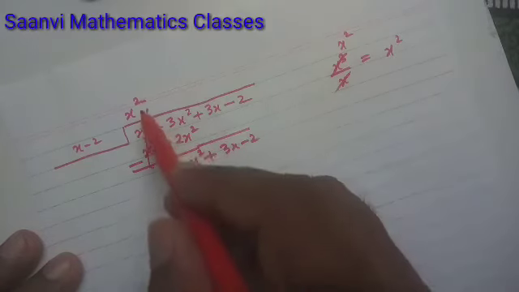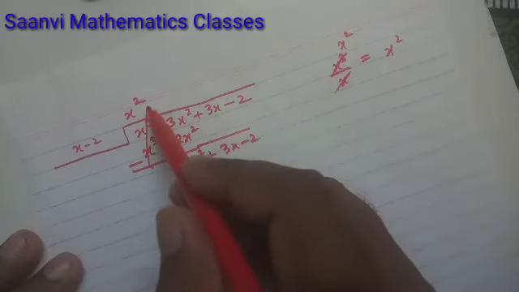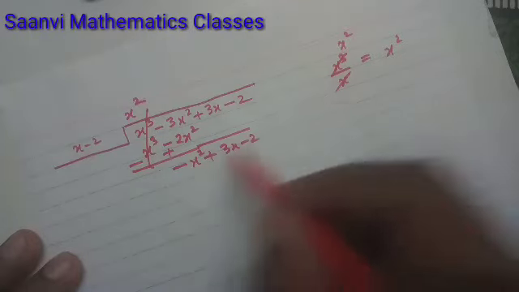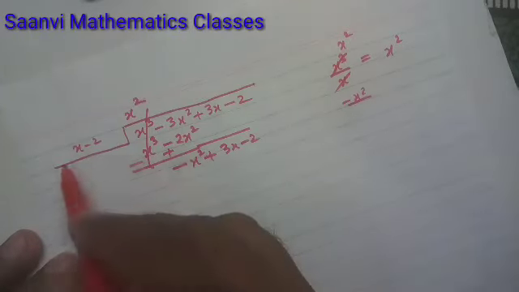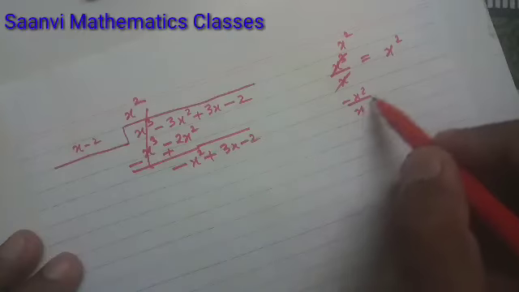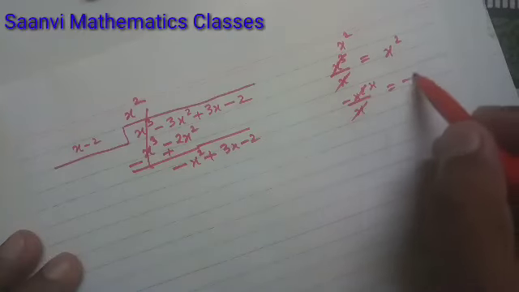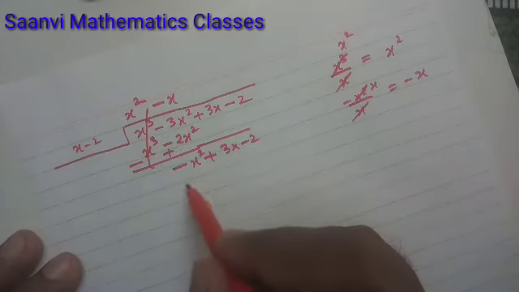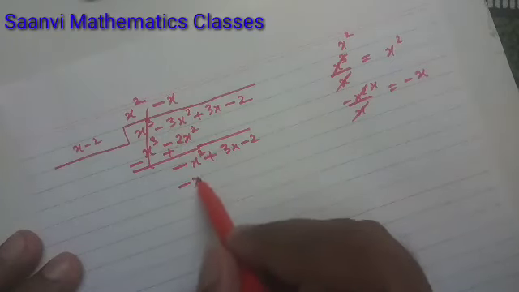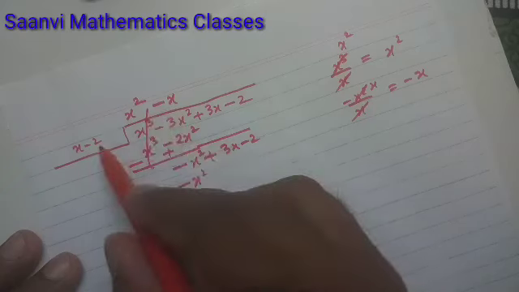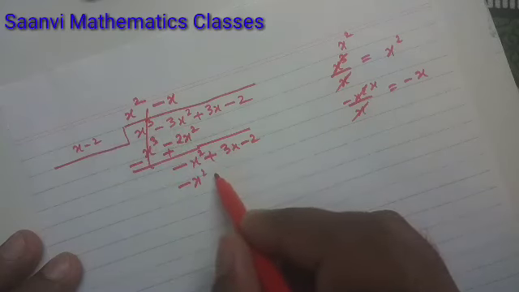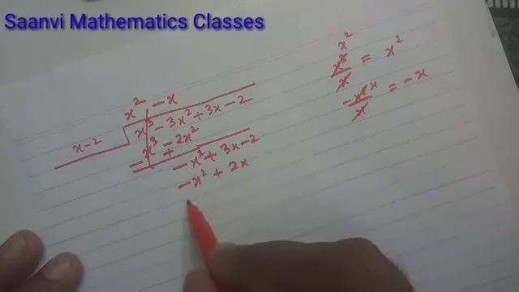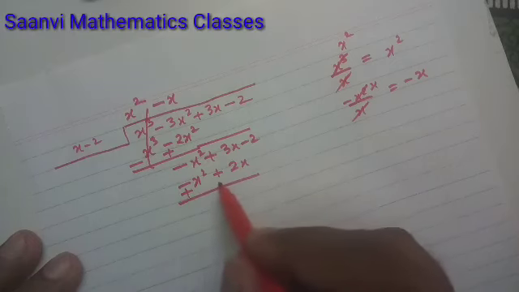Again, we divide this minus x square by x, so we'll get minus x. We'll write minus x. Minus x into x is minus x square. Minus x into minus 2 is plus 2x. Sign change.